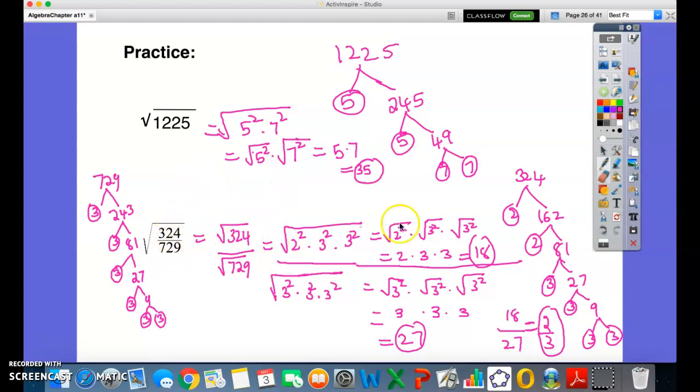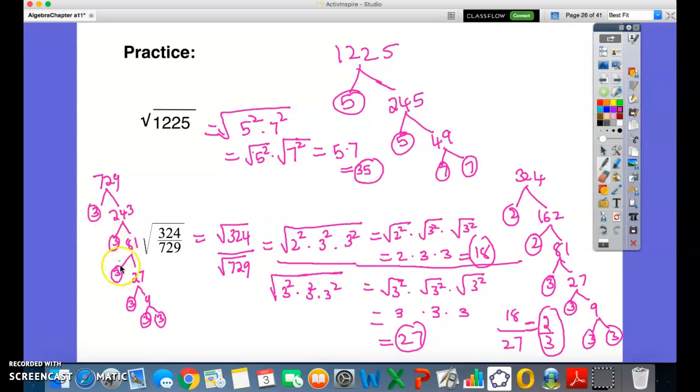For this one, I did the prime factorization. I made the factor tree, and I'm going to pair up all the numbers. So there's 2 squared, then 3 squared, and another 3 squared. I made the pairs. And for 729, I found all the prime factors, and then paired them.